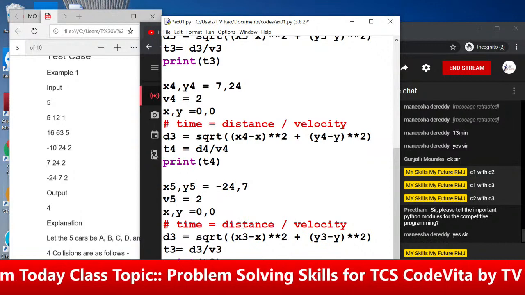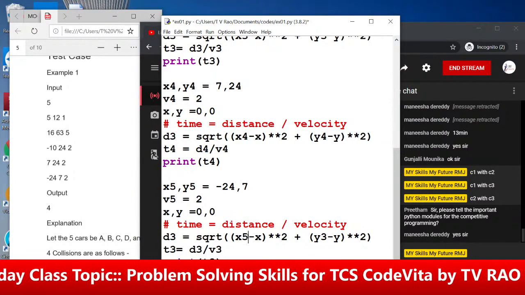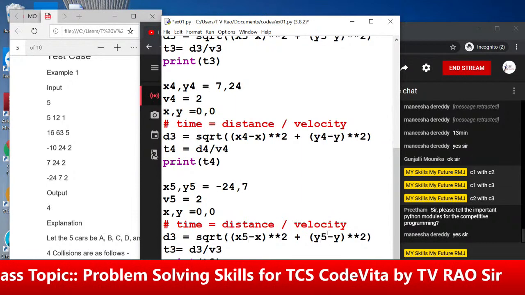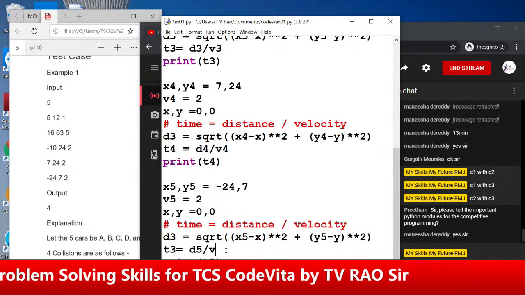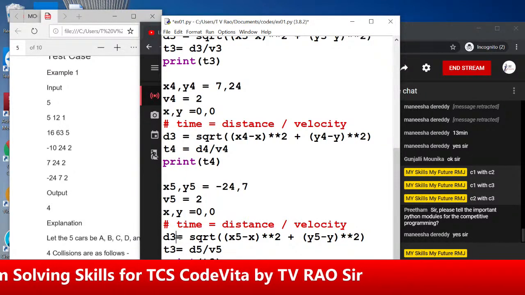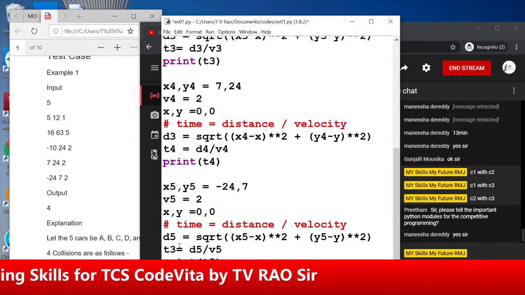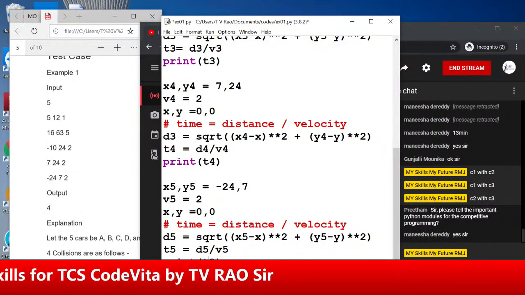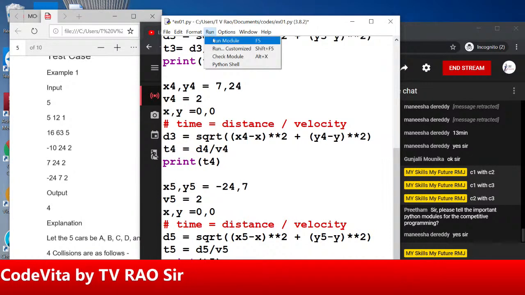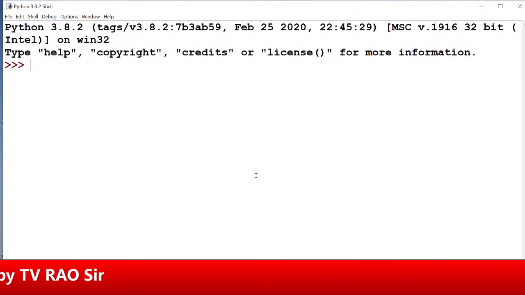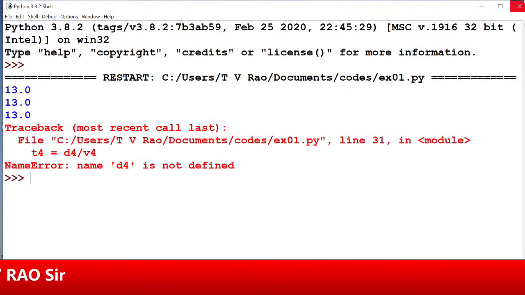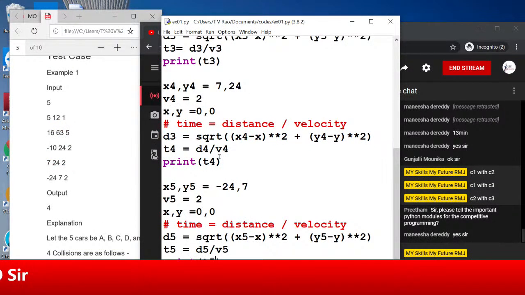Velocity is 2. And this is x5. This is y5. This is d5. This is v5. This is t5. And d4 is not defined. This is d4.